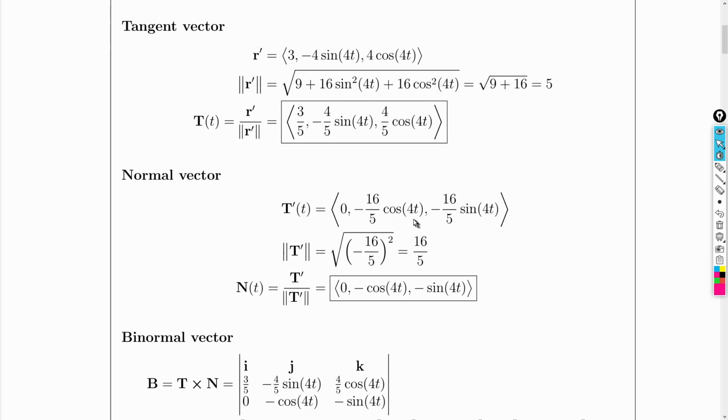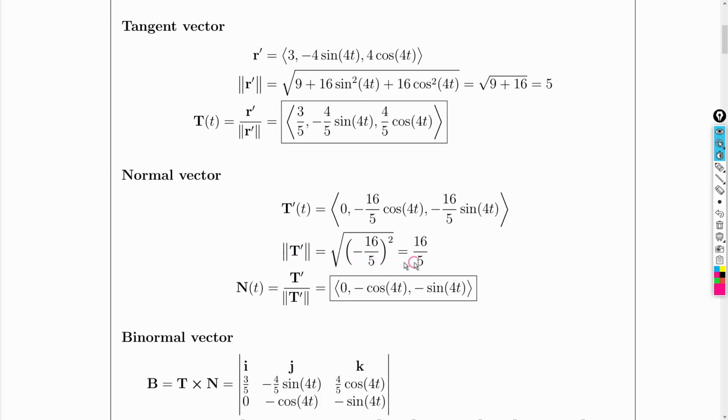Taking its magnitude, again, you'll end up squaring this quantity and this quantity. The cosine squared and the sine squared will combine together, giving you 1, and so the only thing that you end up getting is the coefficients in front, the negative 16 over 5. You end up squaring that and then taking the square root as per the formula for magnitude.